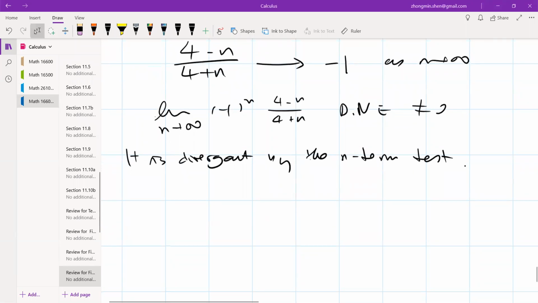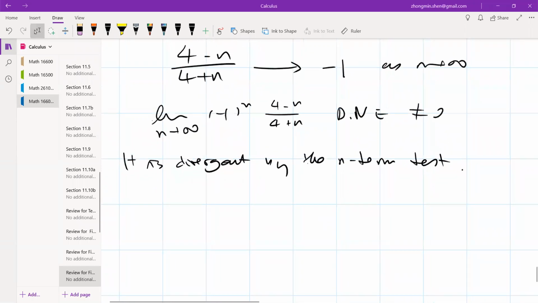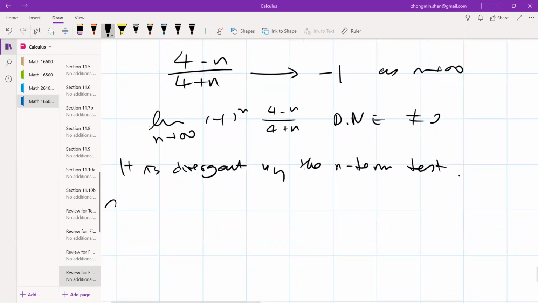Yeah, we do have a problem. This is the only place you probably have to use the root test or a ratio test. Yeah, let's look at it.